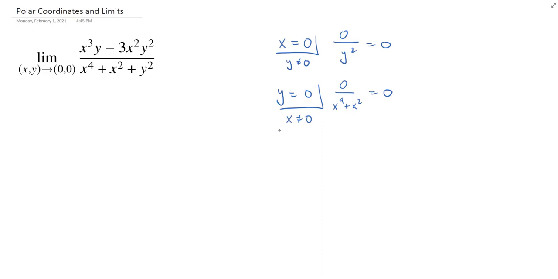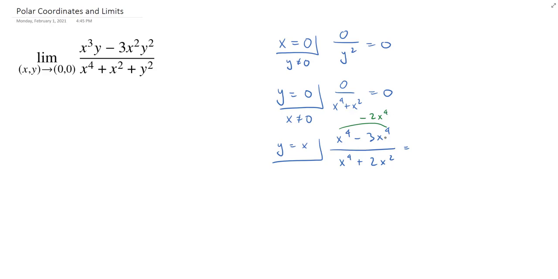We've also found, maybe you should try y equals x. That sometimes can find you a nice contradiction. But when we do that, we end up with x to the fourth minus 3x to the fourth over x to the fourth plus 2x squared. These combine on the top to give us a negative 2x to the fourth.